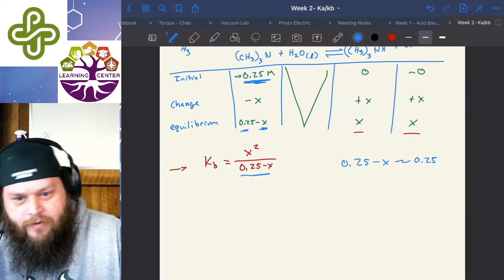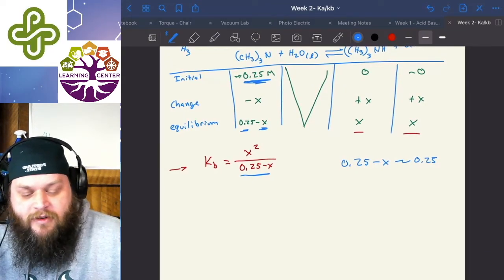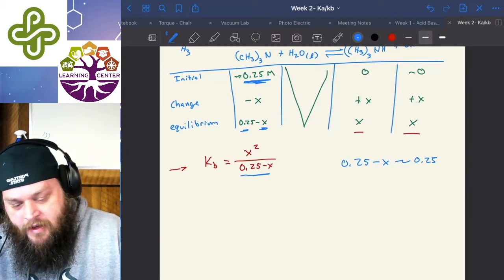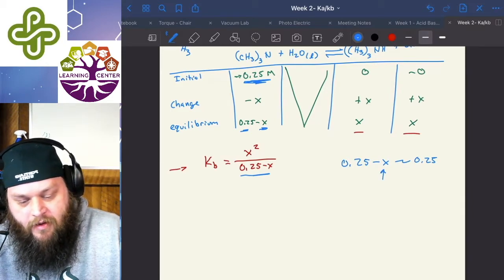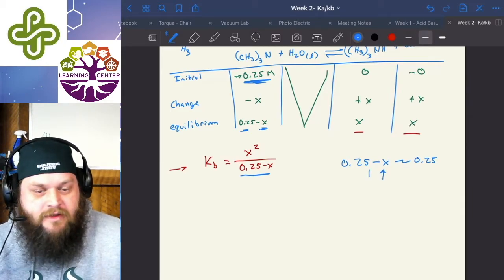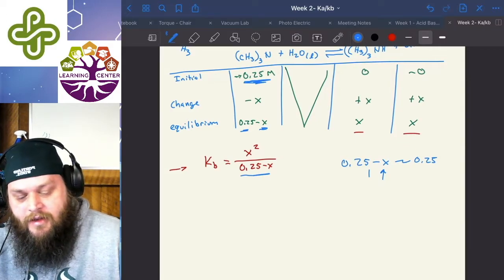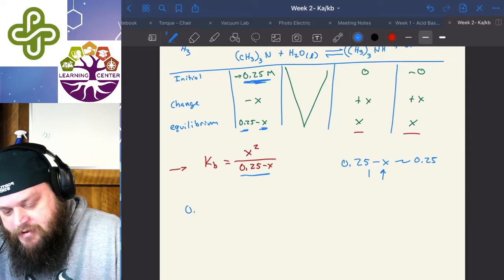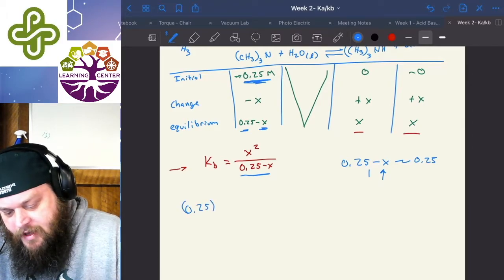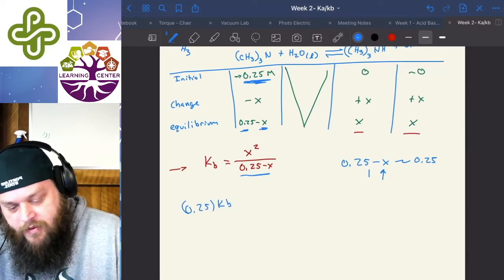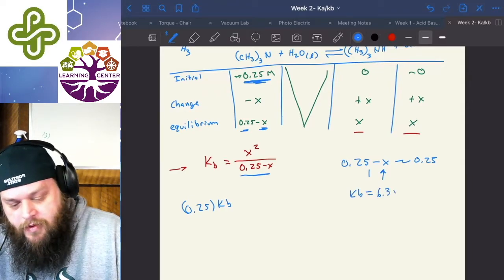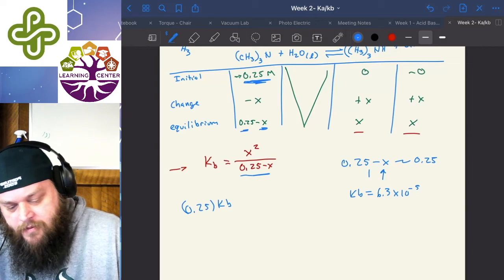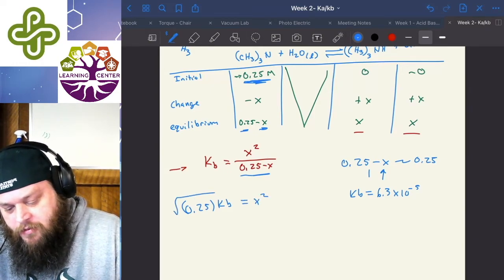And then solving for, yeah, just ignoring that negative x, because if we were to put in a really small value here, significant figures is going to cut it off, and it's not going to affect the value. So then that means that 0.25 times Kb, which we have a value for now, Kb is equal to 6.3 times 10 to the -5, is going to equal x squared. And we can just take the square root of both sides.